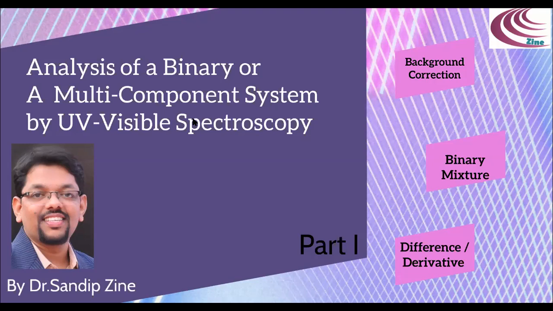Then we will talk about background correction, then binary mixture analysis, various types such as type 1, type 2 and type 3. In that we will learn simultaneous equation method and absorbance ratio method, and try to understand difference and derivative spectroscopy.